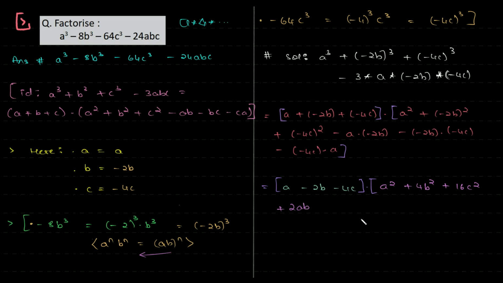Negative of negative is negative. 2 into 4 is 8, bc. Look at the way I'm taking the steps. You can't just jump in writing whatever you feel like. You have to think first about the sign, then about the number, and then the variable, and then you are done. Close the bracket. So this would be your answer.